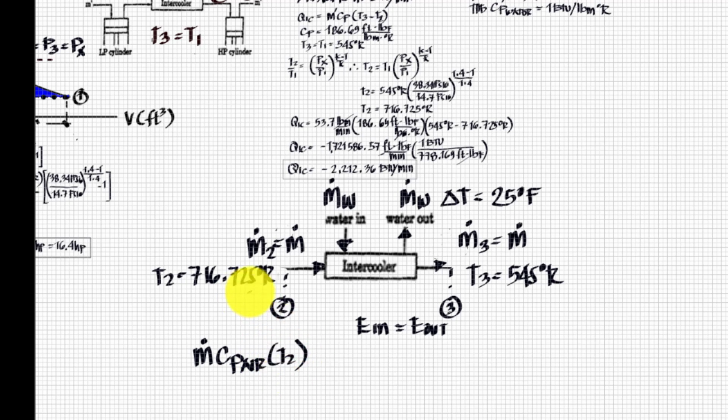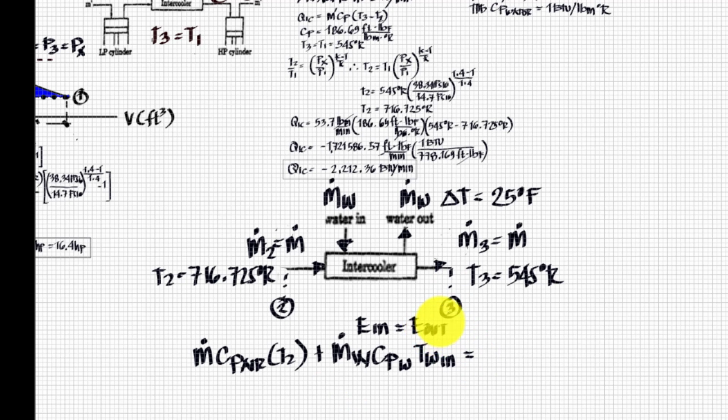And plus, also entering, we have the mass flow rate of the water, then the specific heat of water times the temperature of water entering.